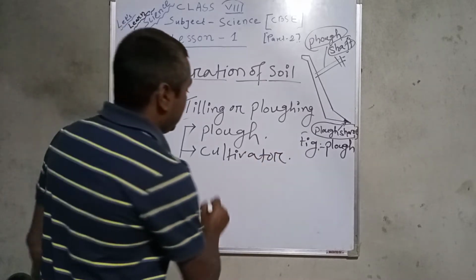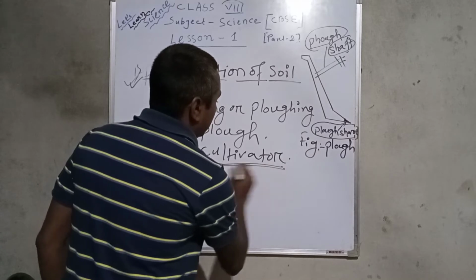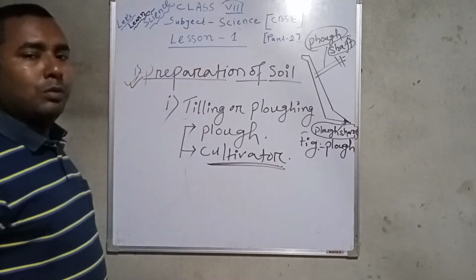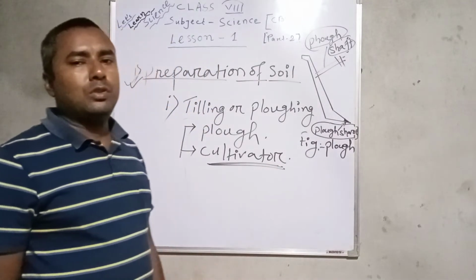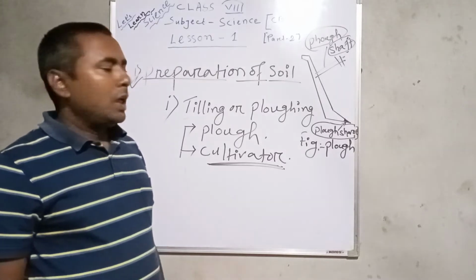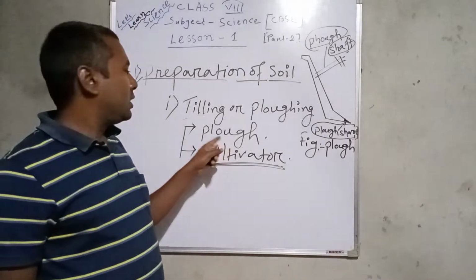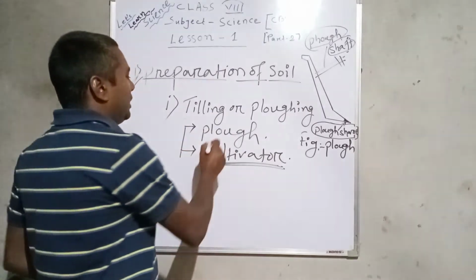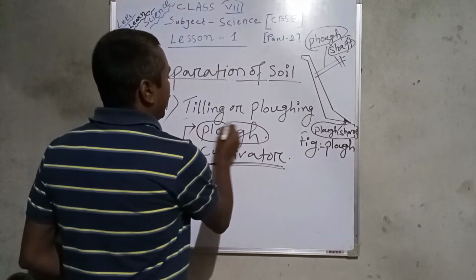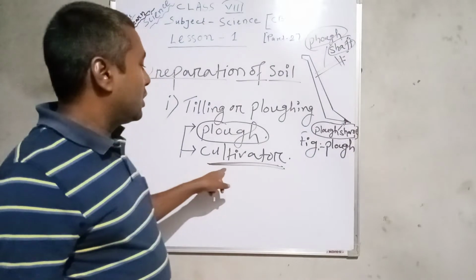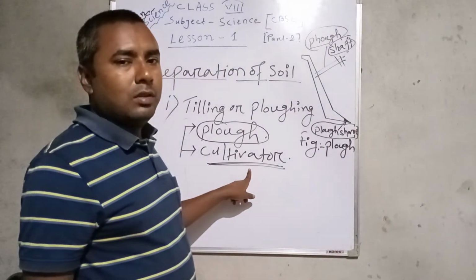And nowadays it is used for the preparation of soil. Cultivator replaces what? Plow. Plow has been replaced nowadays because of what? Cultivator.